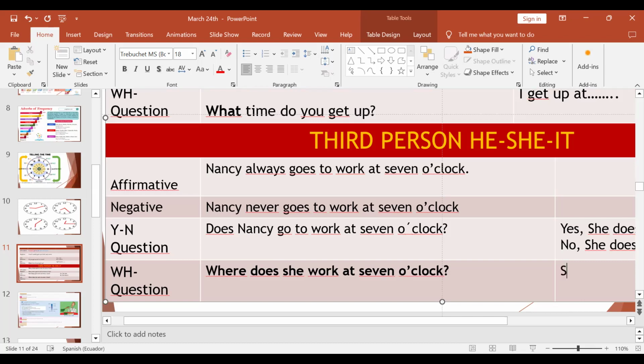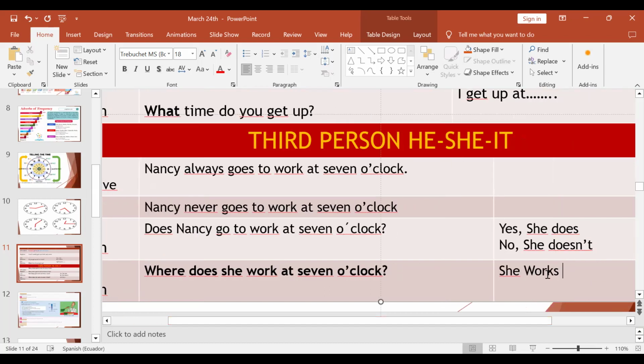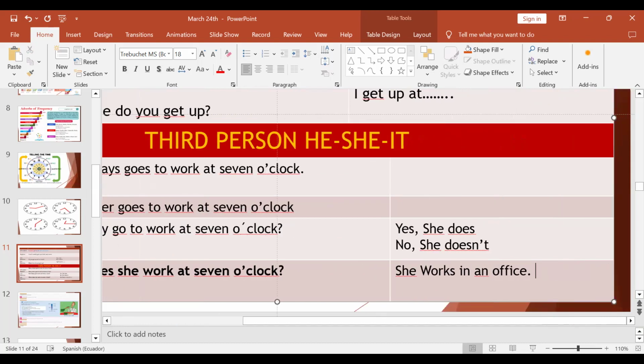Entonces yo contesto, she works, mire, she works, tercera persona, porque aquí ya no tengo auxiliar, she works in an office. Ya, finish. Me está preguntando dónde, ok.